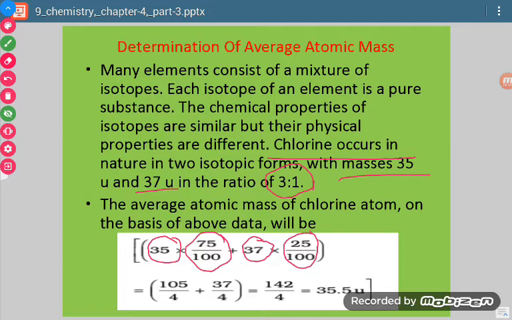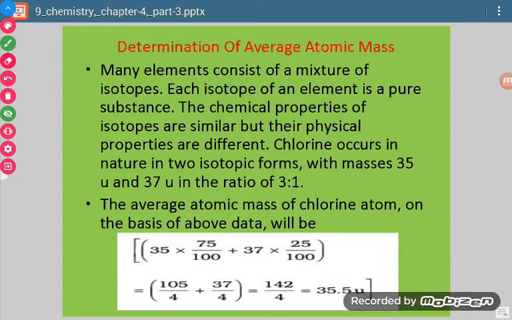So for chlorine it comes out to be 35 into 75% plus 37 into 25%, which is 35.5 unified mass. Now 0.5 is not something which can be neglected, so it is taken, and it is to be learnt that the average atomic mass of chlorine is 35.5.